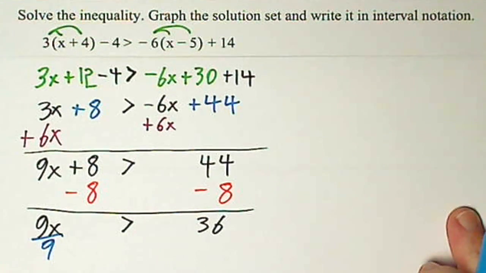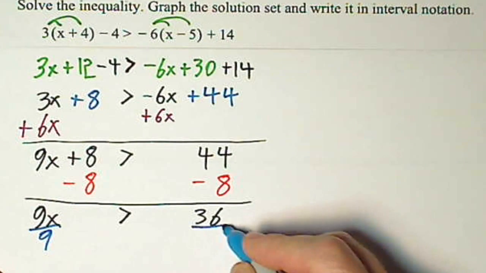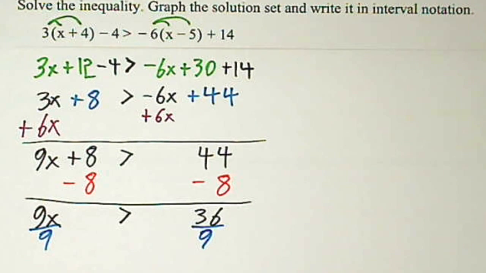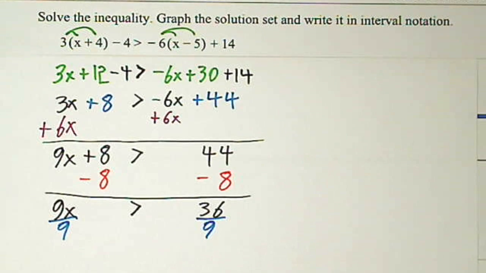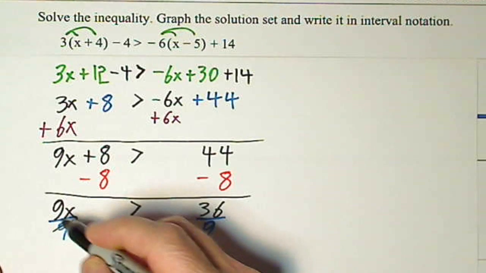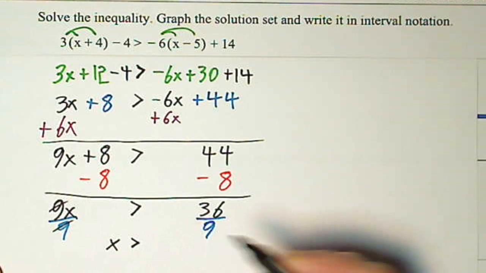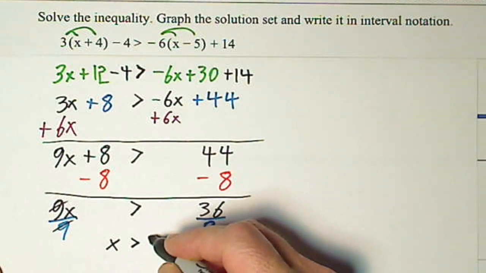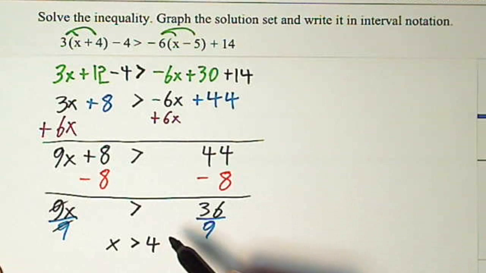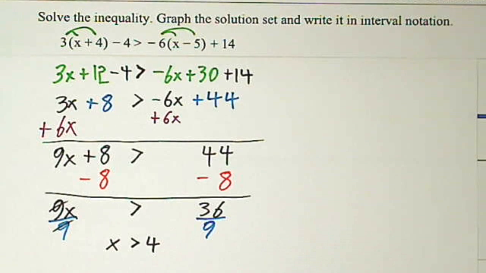Divide by 9, divide by 9. 9 goes into 9 once, so you're left with x is greater than 4.